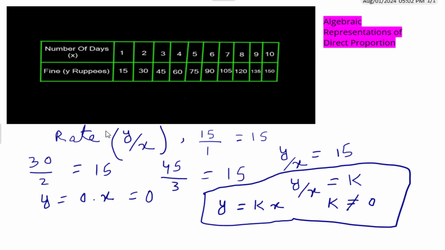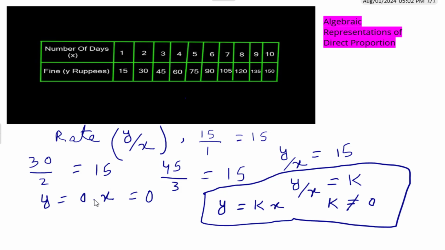So there is no meaningful relationship between x and y in this context of direct proportionality. Regardless of the value of x, y will always be 0. In other words, there is no variation in y as x changes.